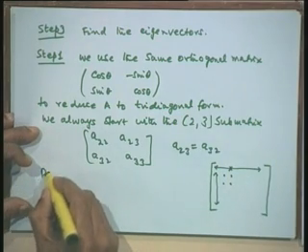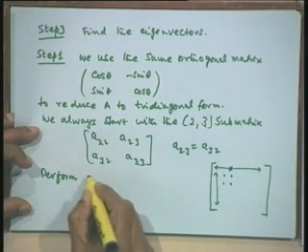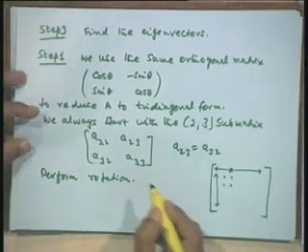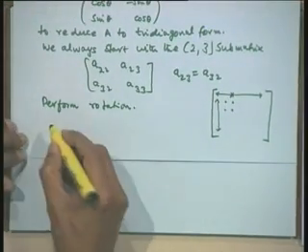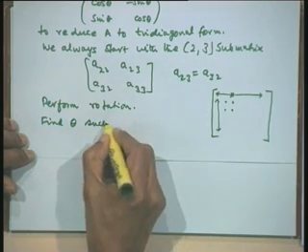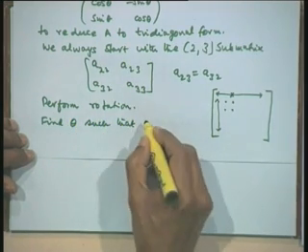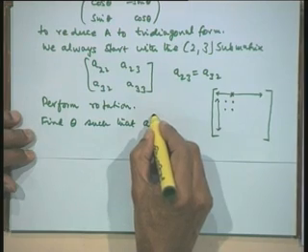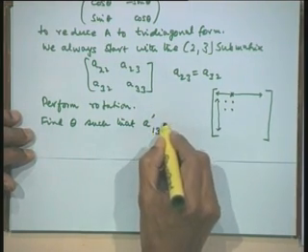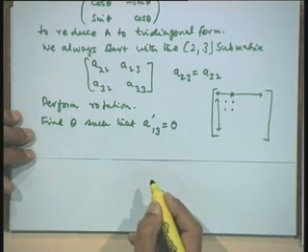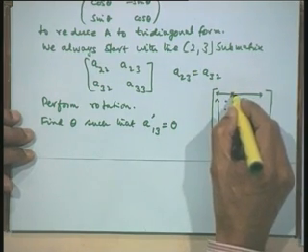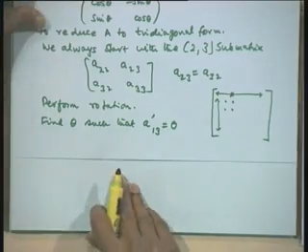Now, perform the rotation and find theta such that, calling the new matrix A prime, A prime 13 is equal to 0. That means, it is just the element above this one over here. Now, let us see what this gives us.